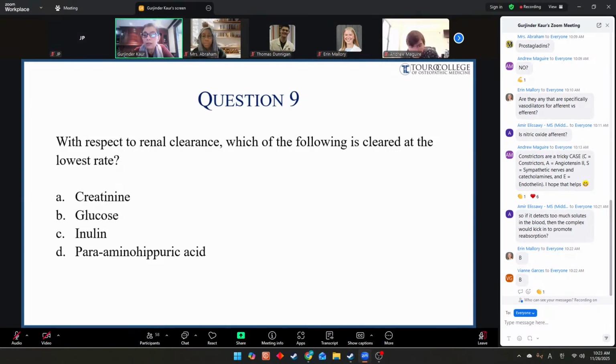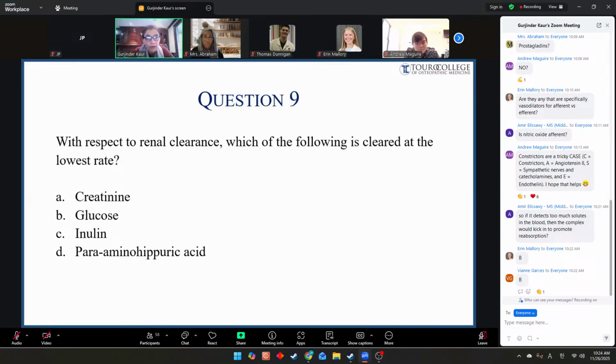He'll talk more about how much maximum transport you have for glucose. But ideally, in a normal person, as long as they are not diabetic and insulin is taking care of everything and it's absorbed nicely, the body doesn't waste glucose in the urine.